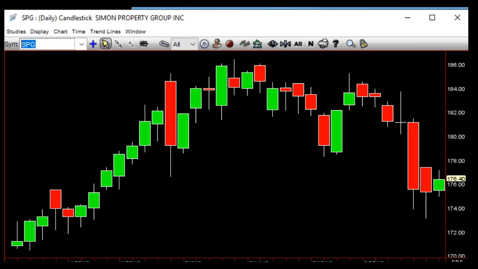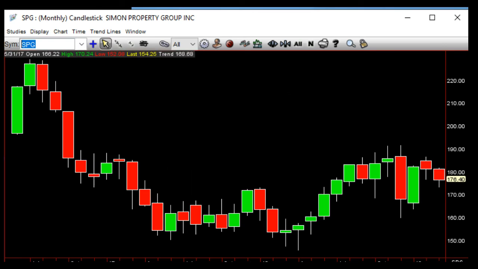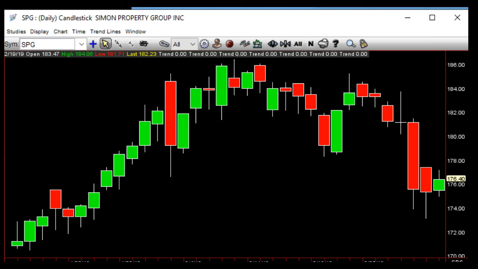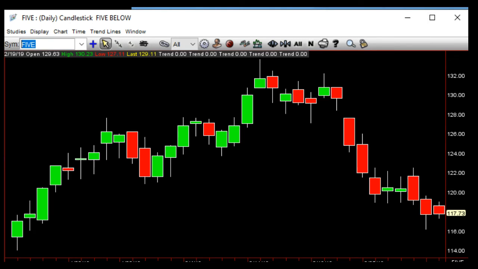SPG REIT. And inside day, monthly, 1, 2, 2, below 176.60. You're there, and you got an inside day to reconfirm and negate that tomorrow. 5, FIVE. And 5 does this.